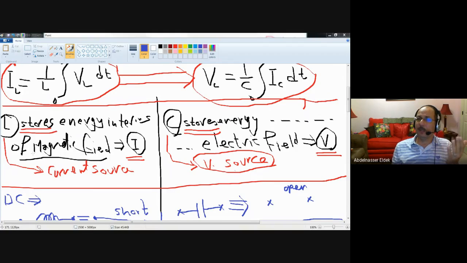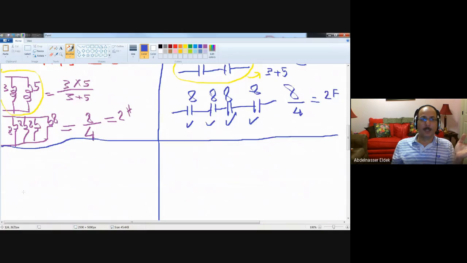Then we are interested to know what is the total energy. We need to know what's the energy stored in the inductor and capacitor. So let us see what is the value of the energy. The energy is called W. Let's call it WL, for example, and for the capacitor it is WC.